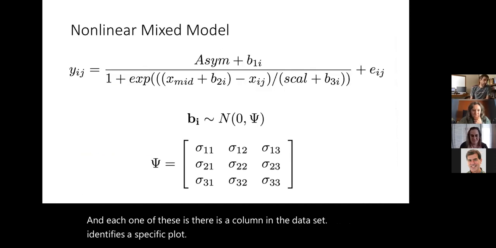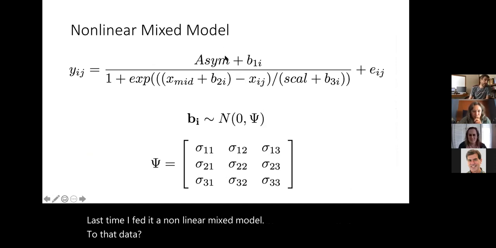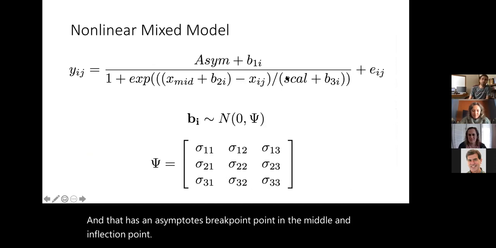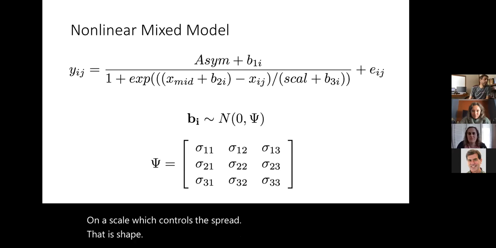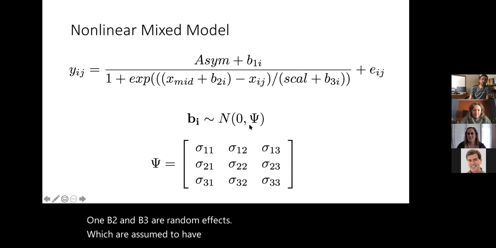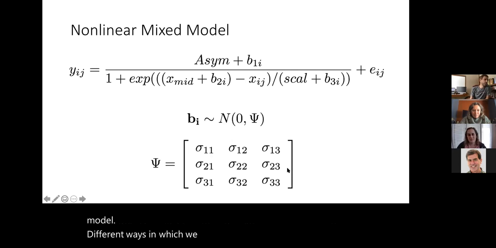Last time, I fitted a nonlinear mixed model to that data, and that has an asymptote, a breakpoint, a point in the middle, an inflection point, and a scale which controls the spread of that S shape. And the B1, B2, and B3 are random effects, which are assumed to have a mean of 0 and some covariance matrix, about which last time I spent some time talking about different ways in which we can model this covariance matrix.